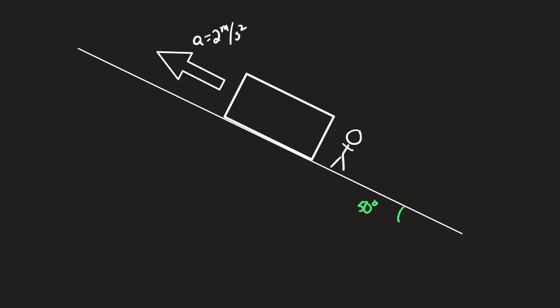Now, if you want just the basic for the test, I want to know how hard they're pushing. Assume they push parallel to the ramp. Okay? So the basic question is how much pushing force is there?